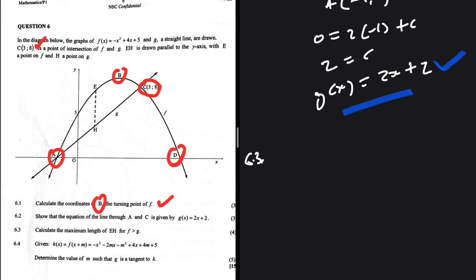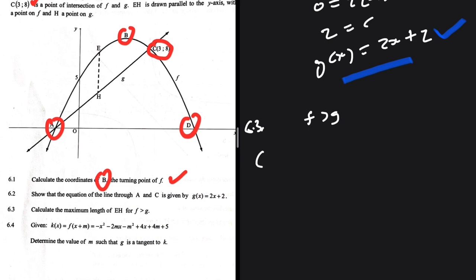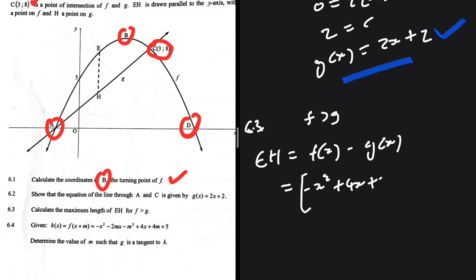Calculate the maximum length of EH for f is greater than g. A basic equation that we always see. So EH is going to be f of x as it is at the top minus g of x, which is below it, right? So in place of f of x, we have minus x squared plus 4x plus 5.